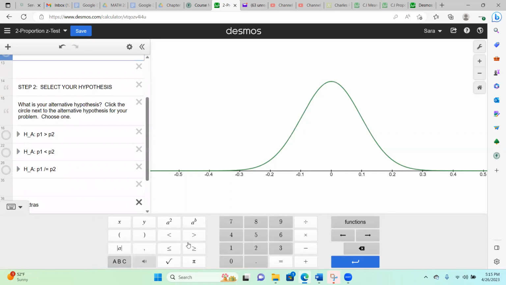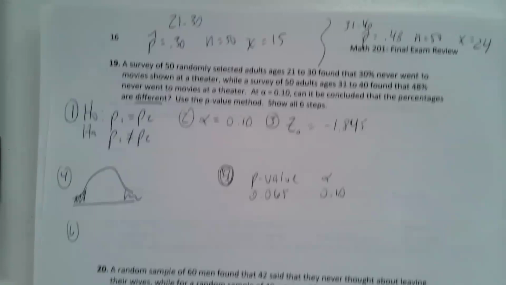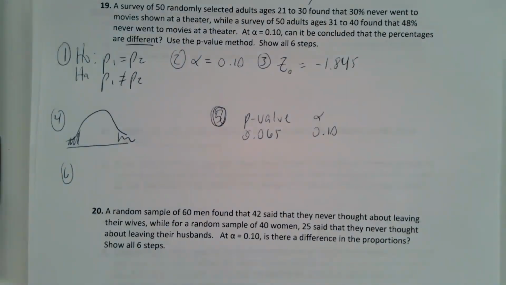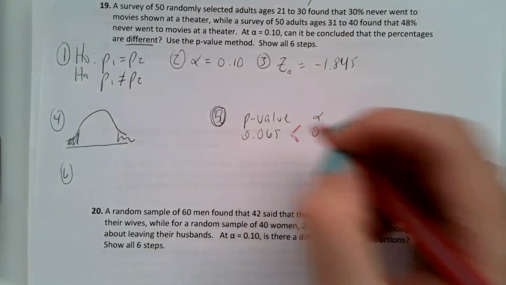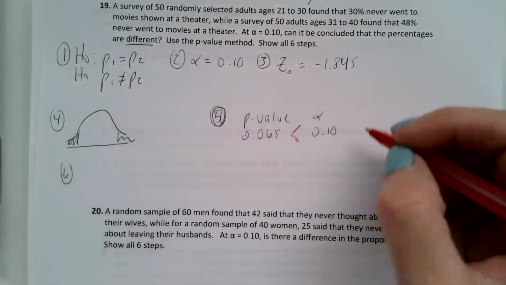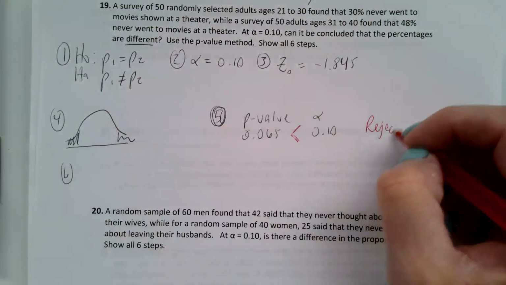And then we can go back to our paper. Once we have all this down, we can see that our p-value is actually less than our alpha. So that means we're going to reject H0.